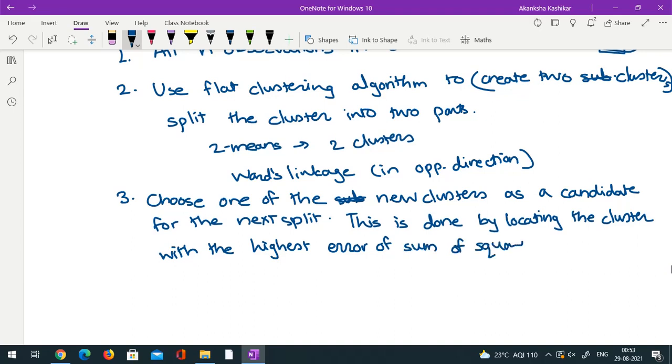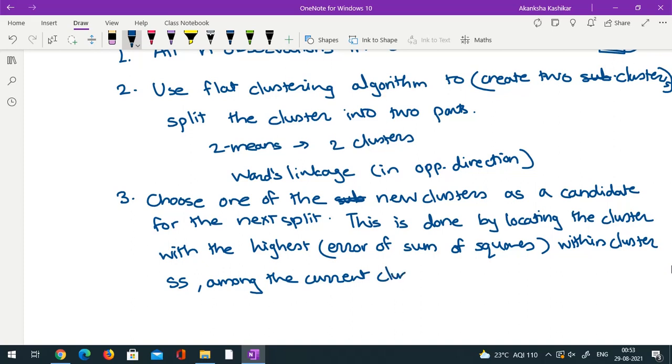Error sum of squares means within cluster sum of squares. Okay. Highest within cluster sum of squares among the current clusters. So we basically find out which cluster is most heterogeneous.